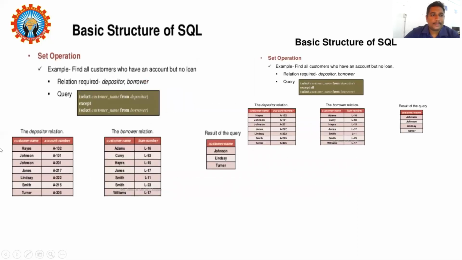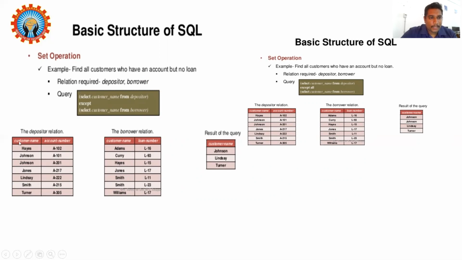See, this is the data we have. If you use the except condition, find all customers who have an account. You are retrieving the data in one relation, but no loan, meaning you are omitting the other relation. That is the operation we perform in except.